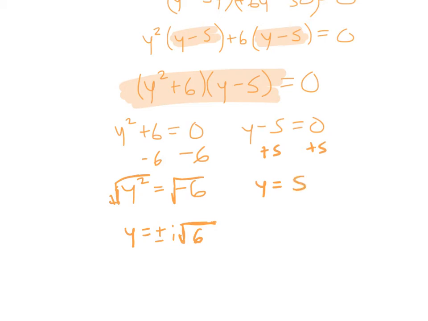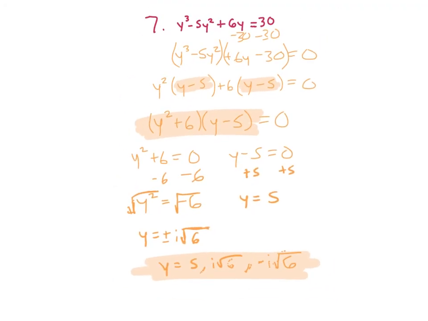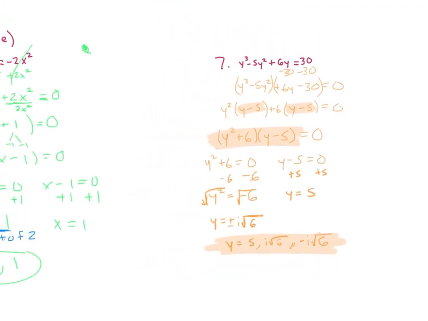So our answers are y is equal to 5, i square root 6, and negative i square root 6. Any questions on this one? No questions? All right, I think that's the last one on this page, so let's go to the last page.